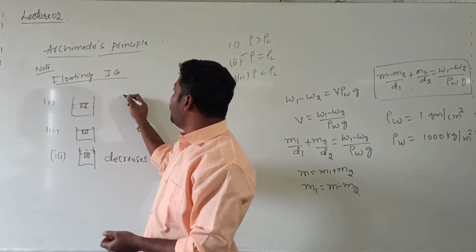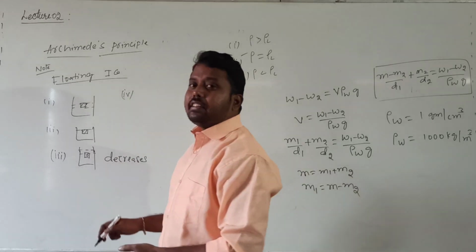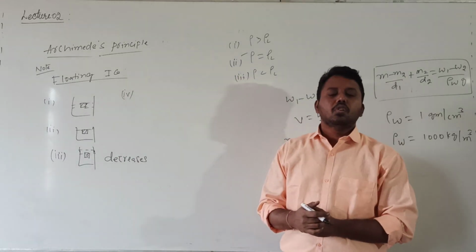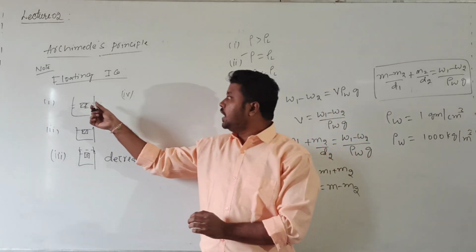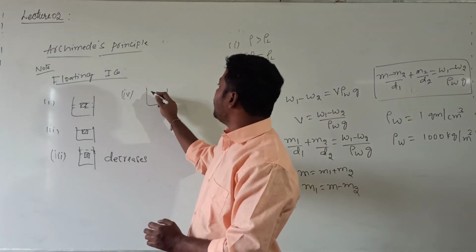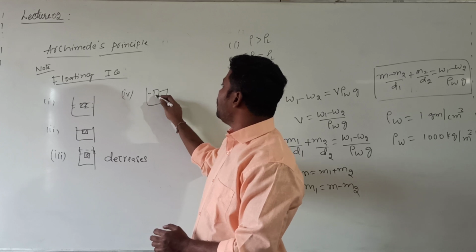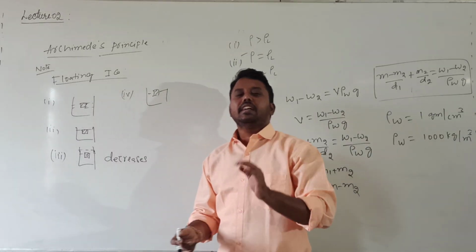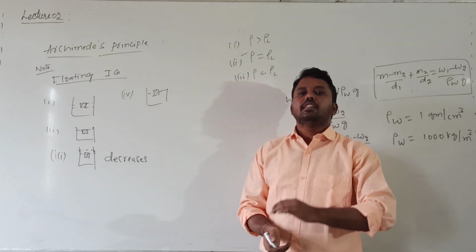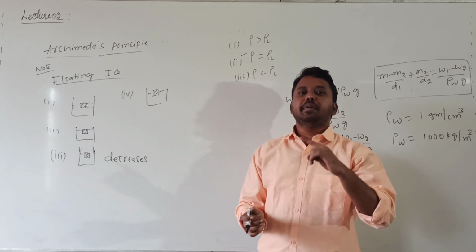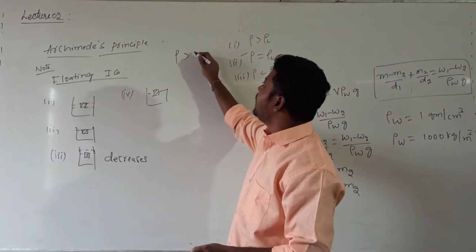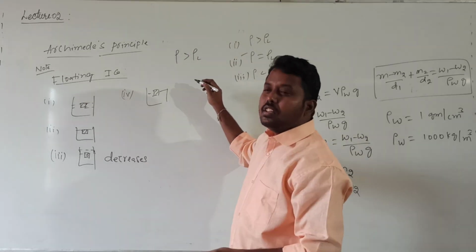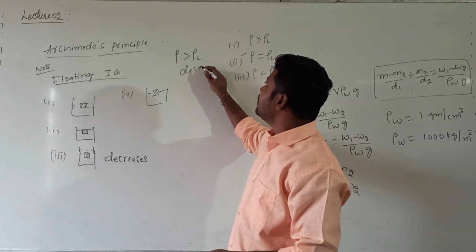And the fourth point is, whenever ice is floating in a liquid whose density is less than that of water. I have taken some liquid other than water and made one ice cube float. So the ice melted. What happened now? The liquid level is going to decrease. Always remember, if the density of the object is greater than the density of the liquid, the liquid level will decrease.